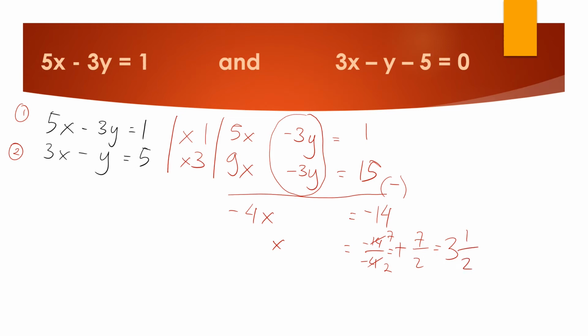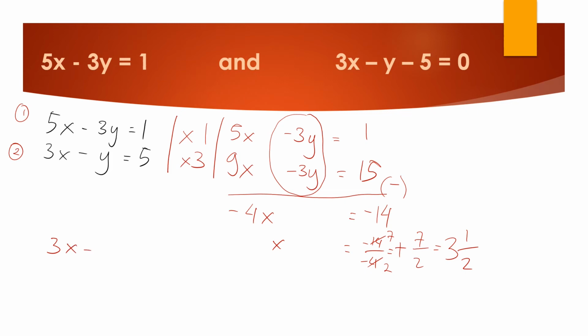X. After that, you need to choose the first or the second equation to find the y. I prefer to choose the second equation. Why? Because look at the coefficient. The second equation has a smaller coefficient than the first equation.